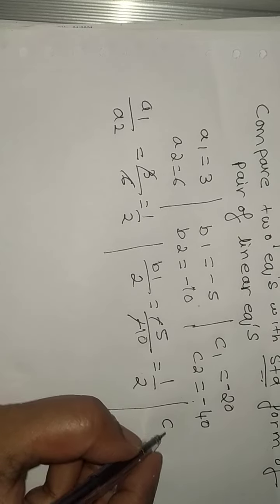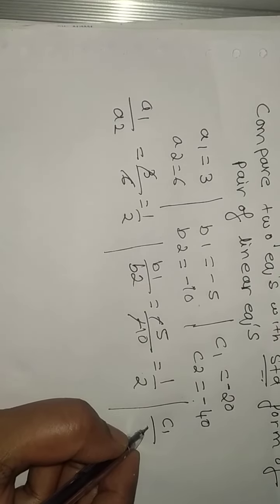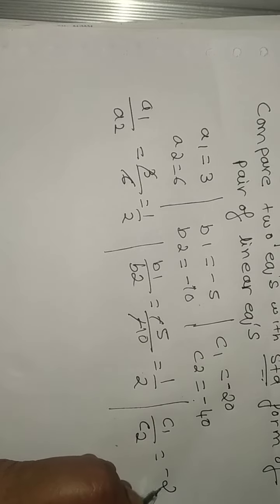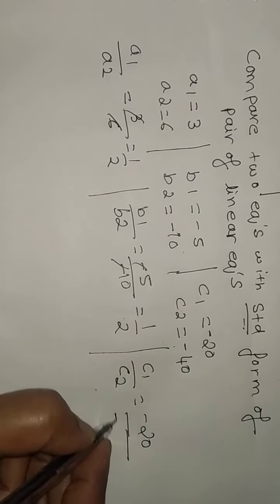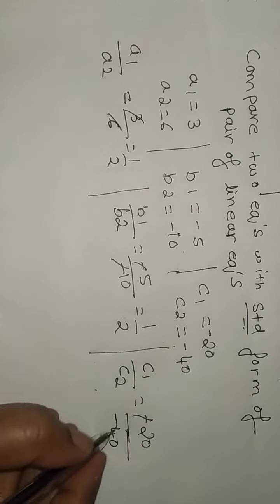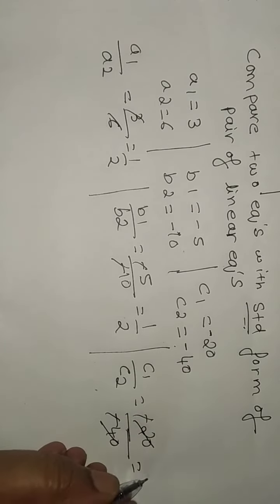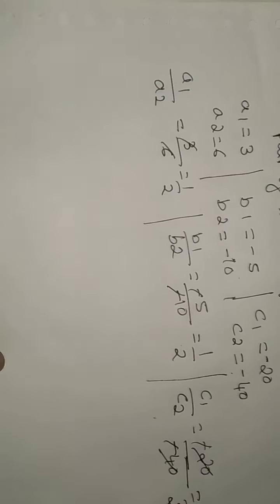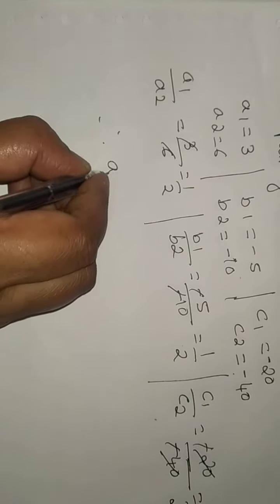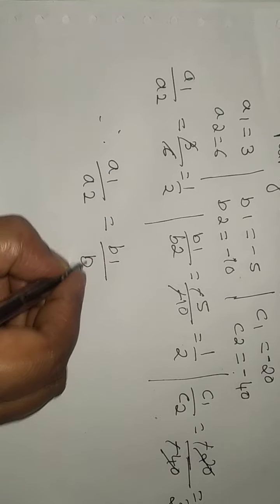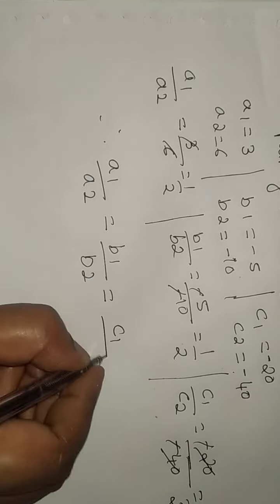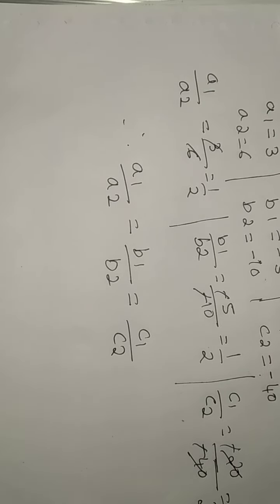Similarly, c1 by c2 is equal to minus 20 by minus 40. Minus cancels. 2 ones are 2, 2 twos are 4. So in all the cases we have a1 by a2 is equal to b1 by b2 is equal to c1 by c2. All are equal here.